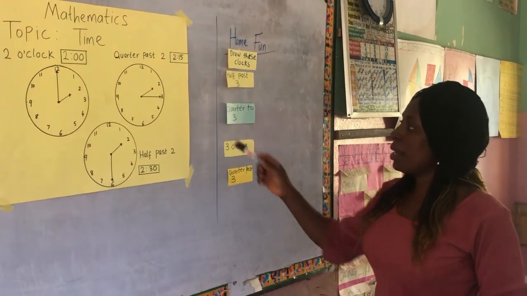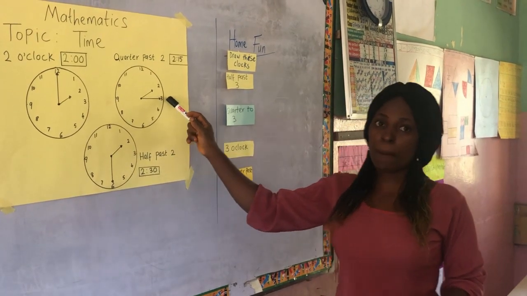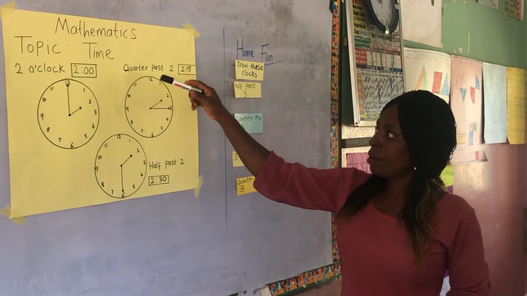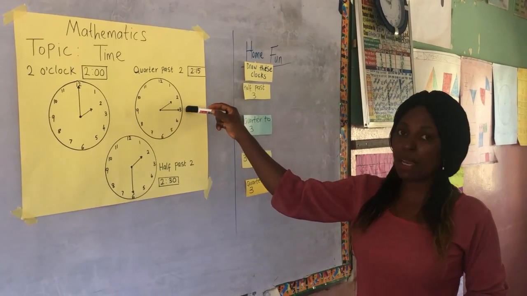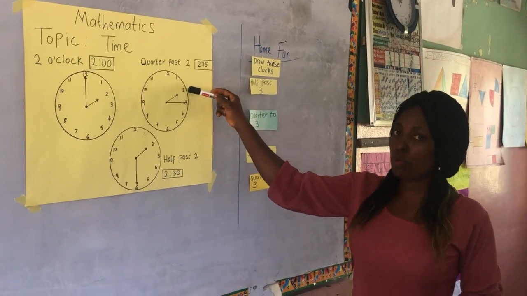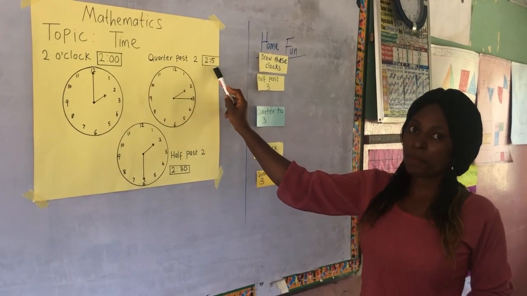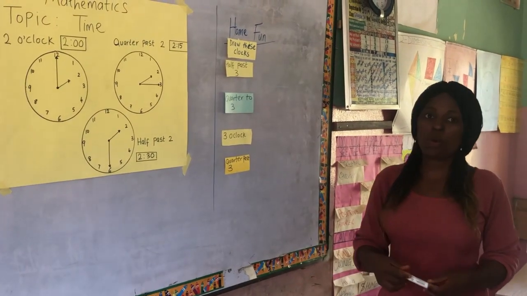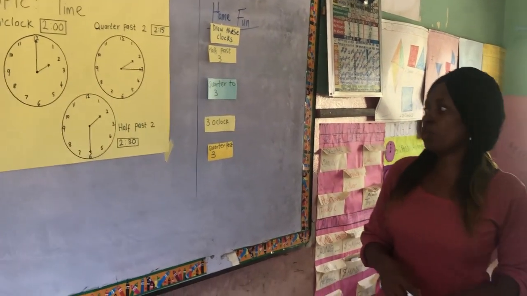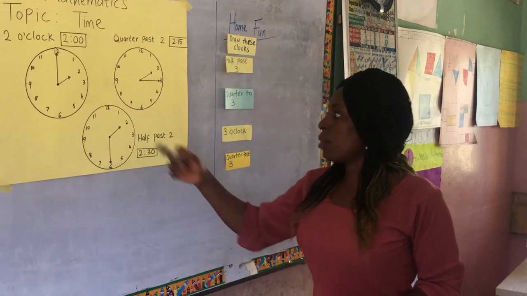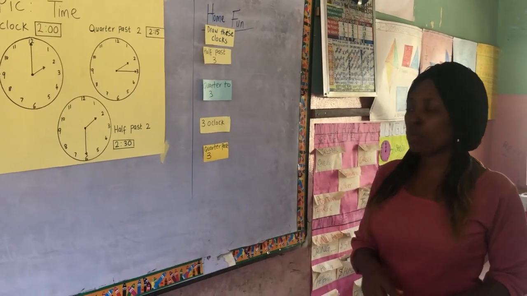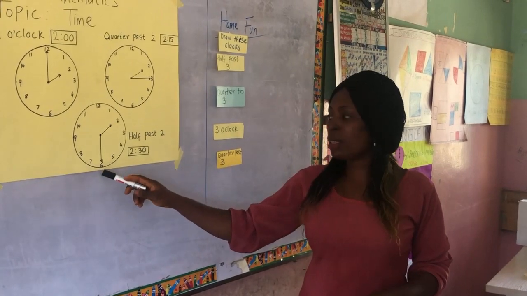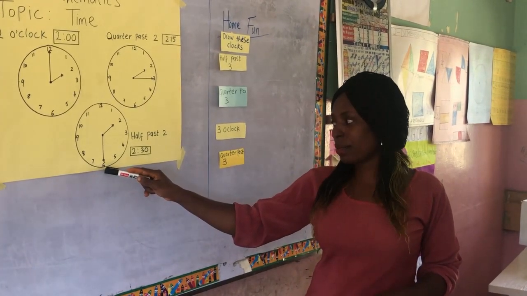And when the minute hand gets to 3, still the hour hand is on 2. We have 5, 10, 15 minutes past 2, which is what you see here. Another way of saying 15 minutes past 2 is quarter past 2. Still with reference to the hour of 2, we have the long hand, which is the minute hand, pointing at 6.